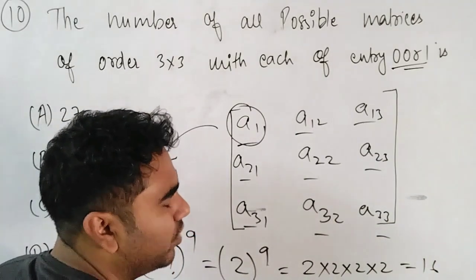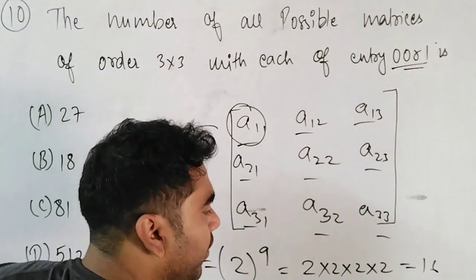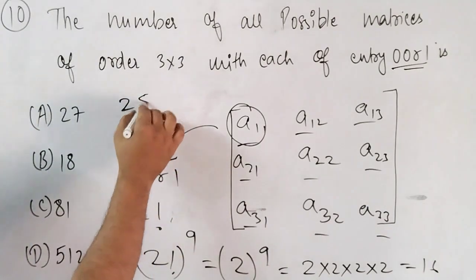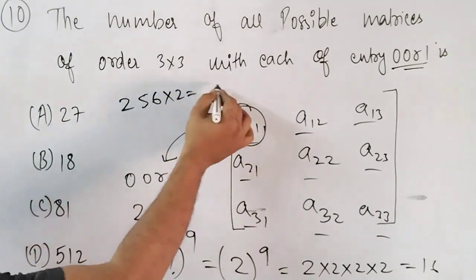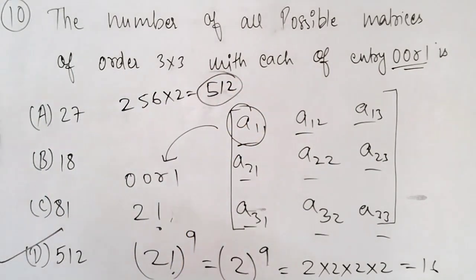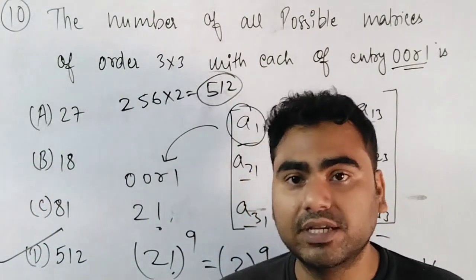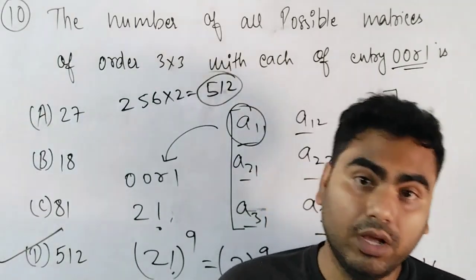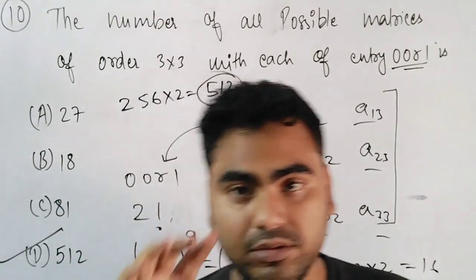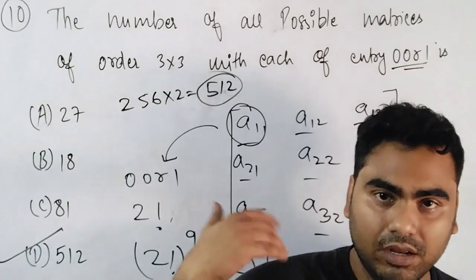As we know, 16 squared is 256. 256 into 2 is the right answer, 512. Option D is correct. So we have completed exercise 3.1. Now coming to exercise 3.2. Stay tuned. We are coming with the solution of 3.2. Just be patient.